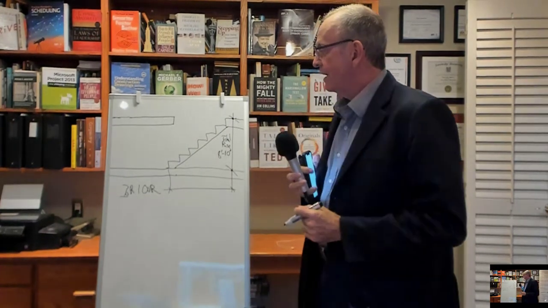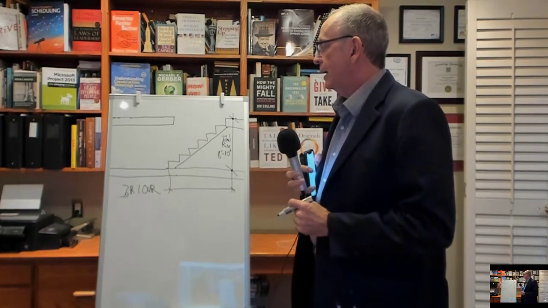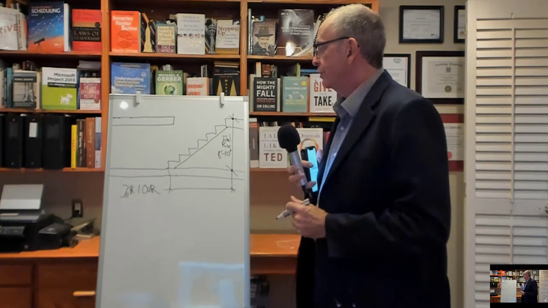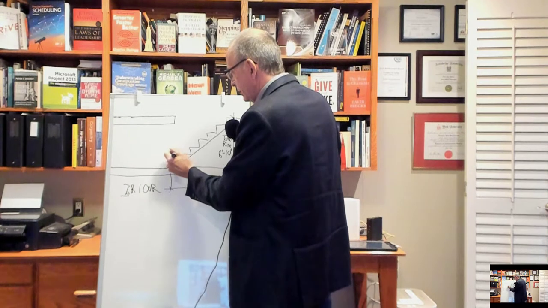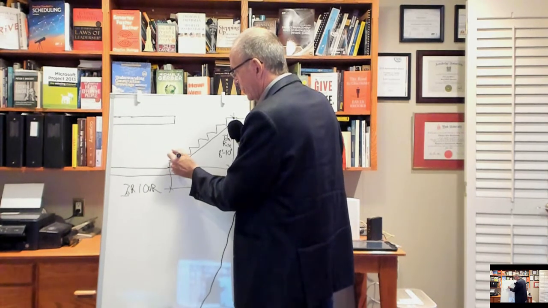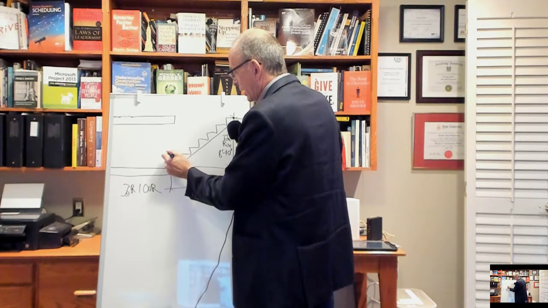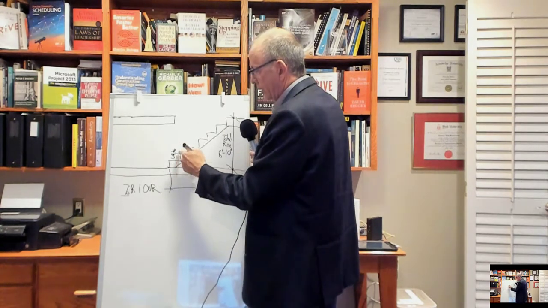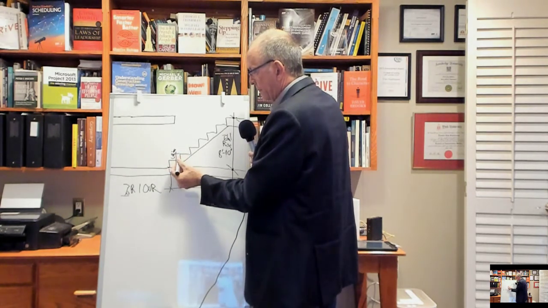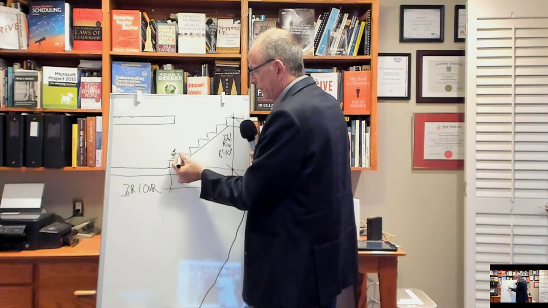Anyway, so we got 7 inches for the unit rise and 10 inches for the unit run. So just to recap, this is our unit rise. So that is, I'll just put U rise there. So that's our unit rise from top of tread to top of tread.